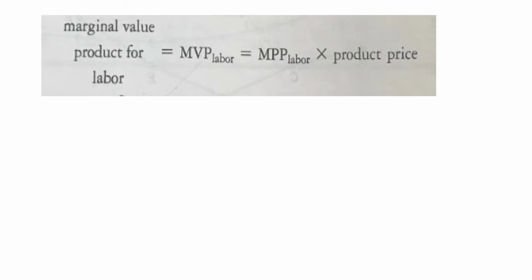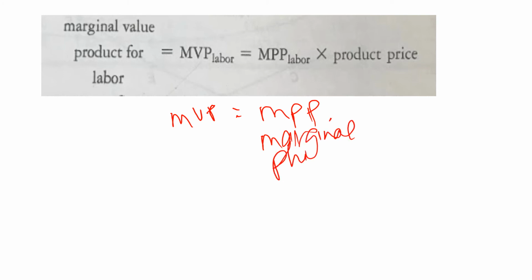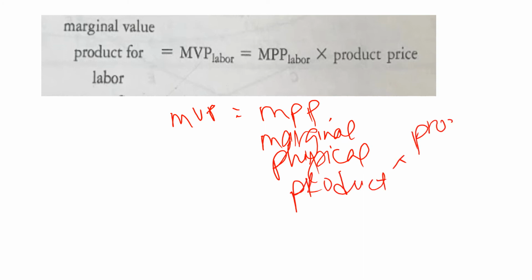The equation for marginal value product is this. Marginal value product equals marginal physical product times product price.